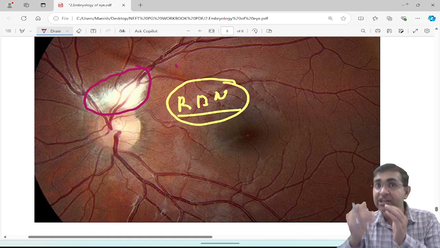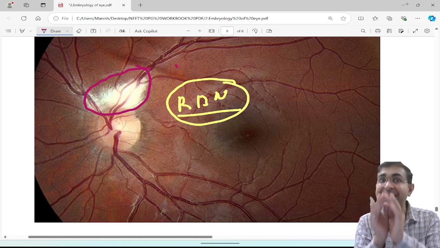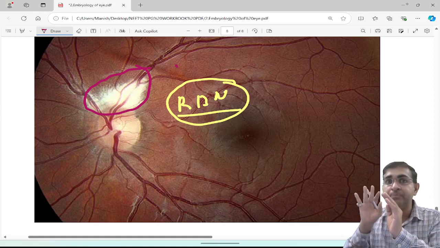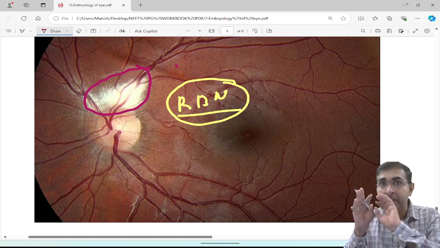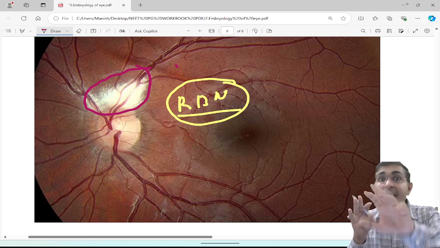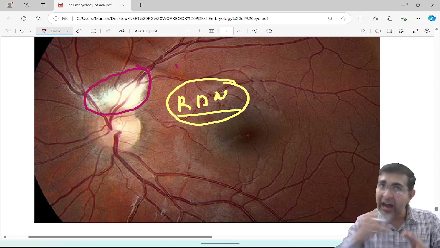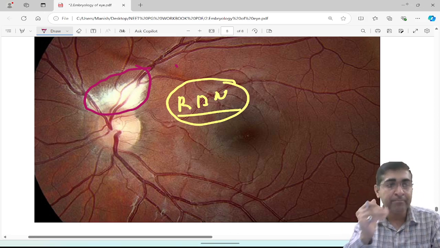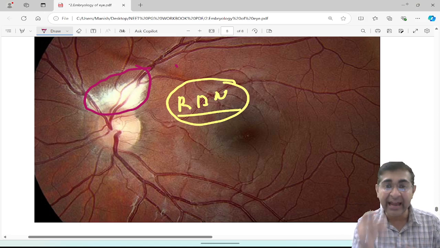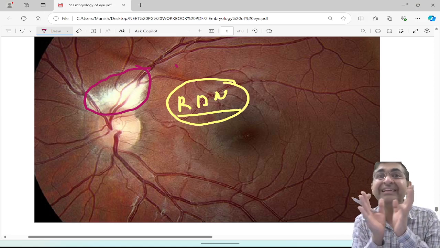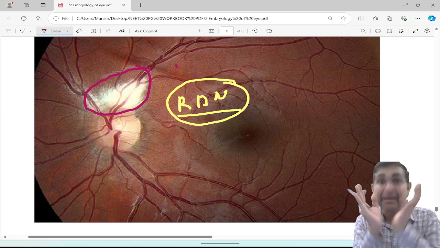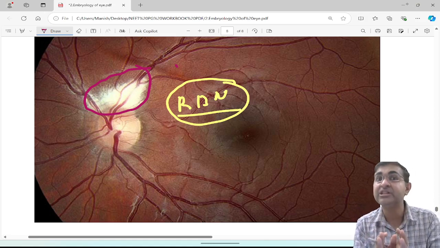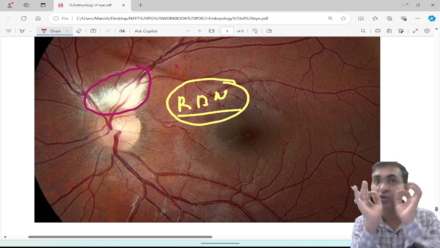What happens is there is myelination of the retinal ganglion fibers from the lateral geniculate body to the lamina cribrosa, right? After that the myelination is lost, but when it is carried beyond the lamina cribrosa, it leads to a myelinated fiber appearance. So there is an appearance of myelin in the nerve fibers on retinal examination, which you are going to see.